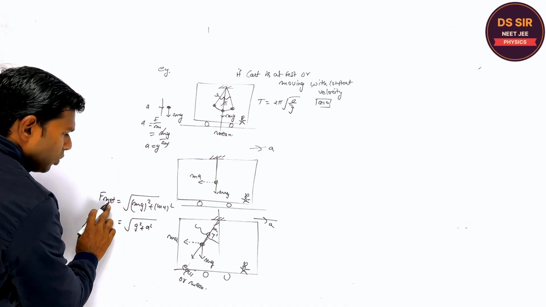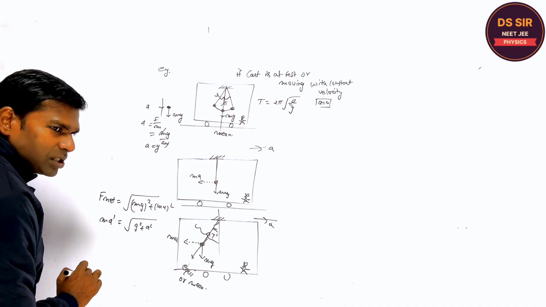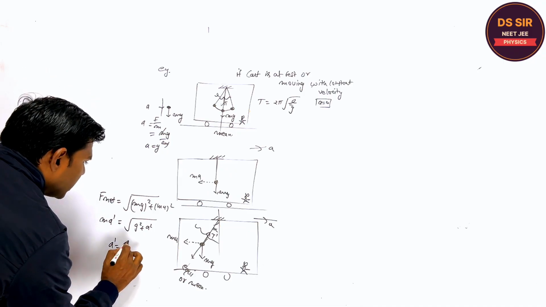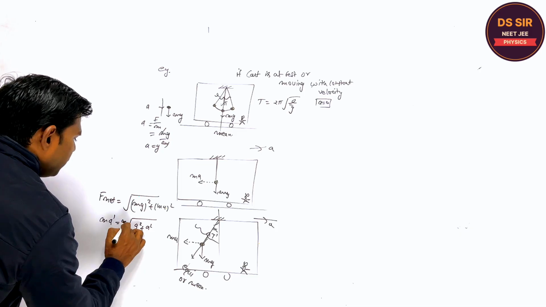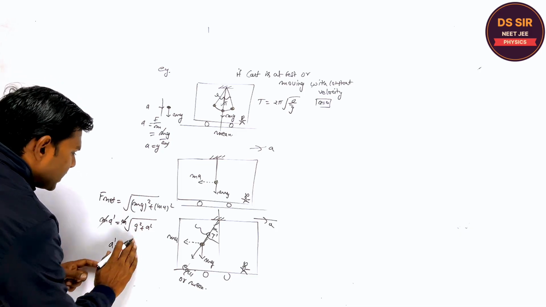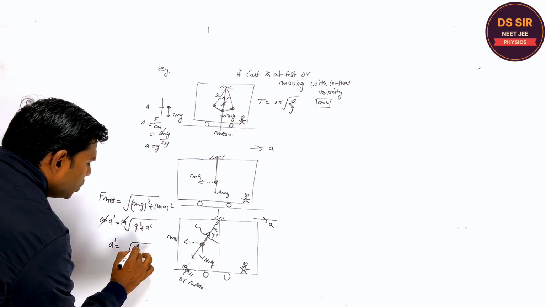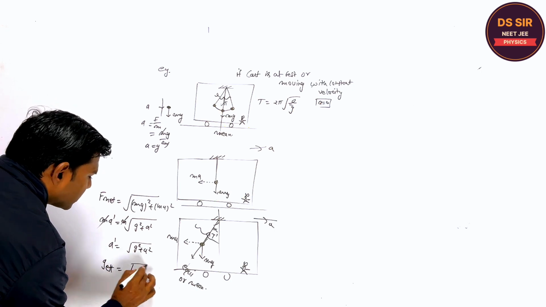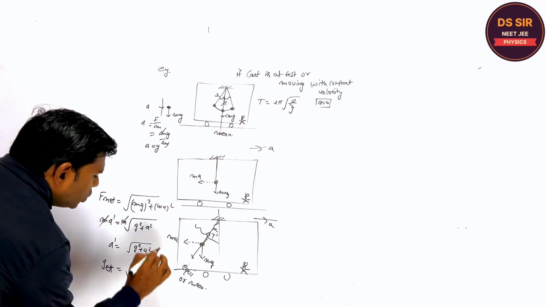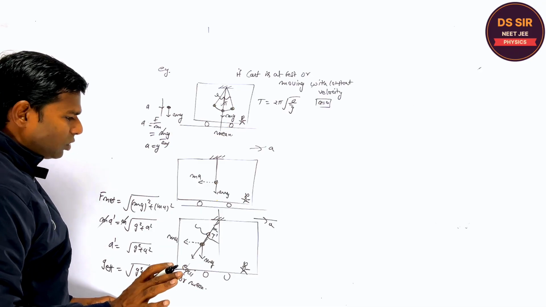According to Newton's second law, net force is equal to m a dash. This acceleration a dash will be equal to what? The m will cancel out. So the acceleration will be equal to square root of g squared plus a squared. This is nothing but called the g effective in this case. g effective is square root of g squared plus a squared. Are you getting or not?